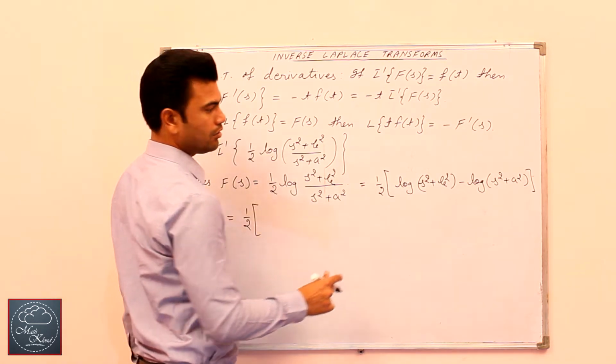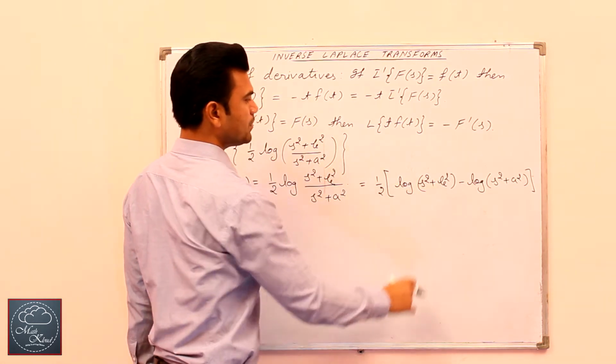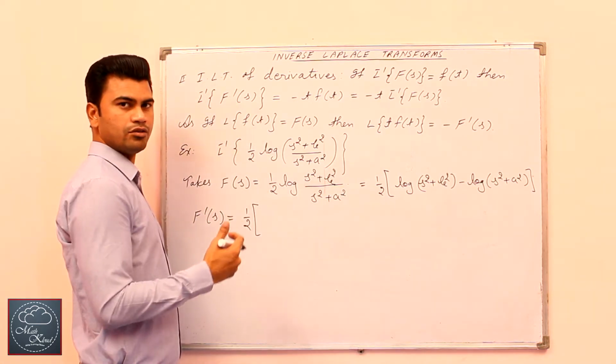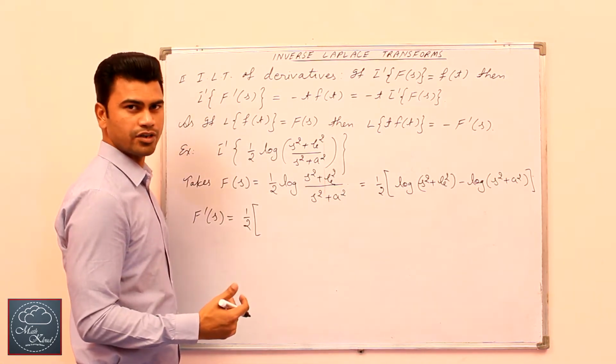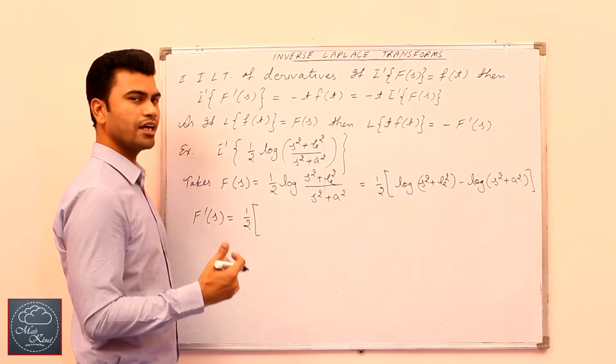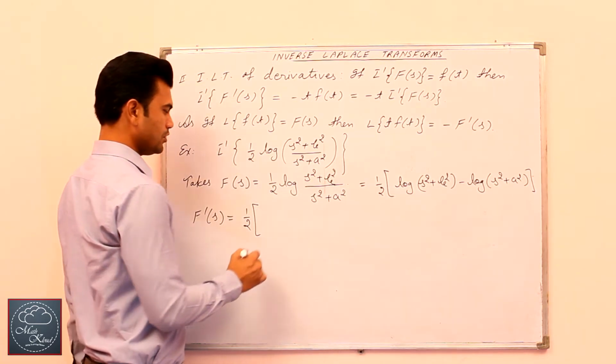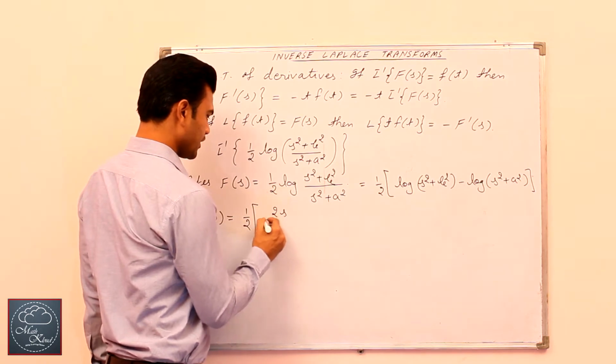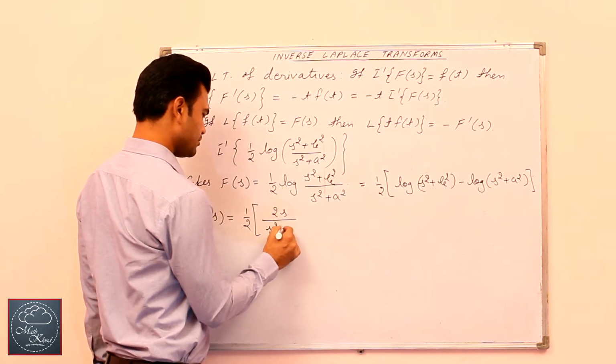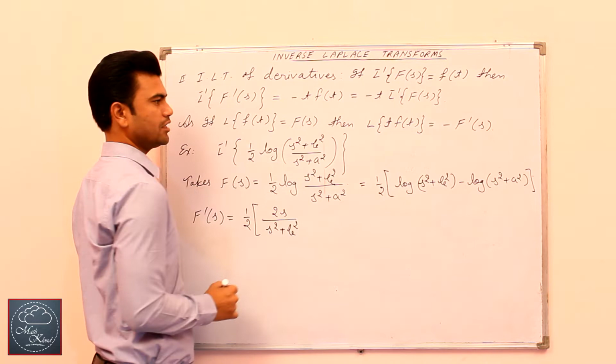The derivative of log of (s square plus b square) is 1 over (s square plus b square) into the derivative of s square plus b square, that is 2s. So you are going to get 2s over (s square plus b square).